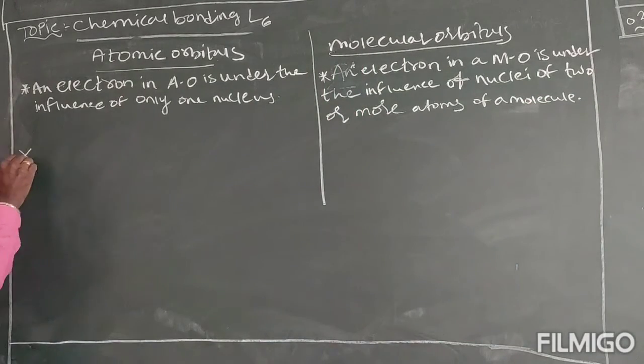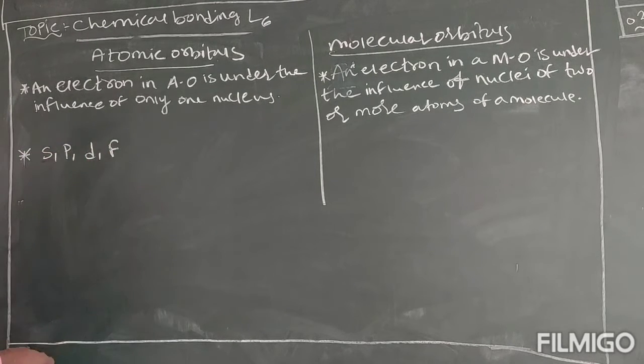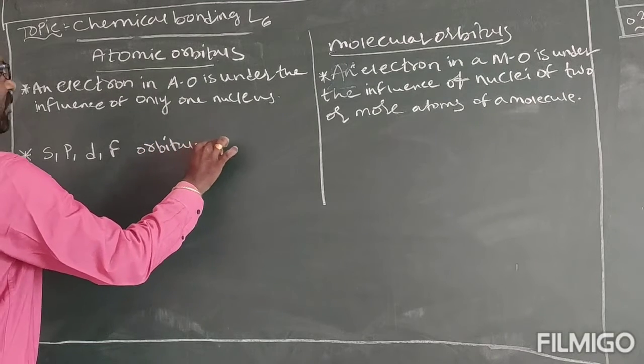Another most important thing here is that atomic orbitals are represented by s, p, d, f.